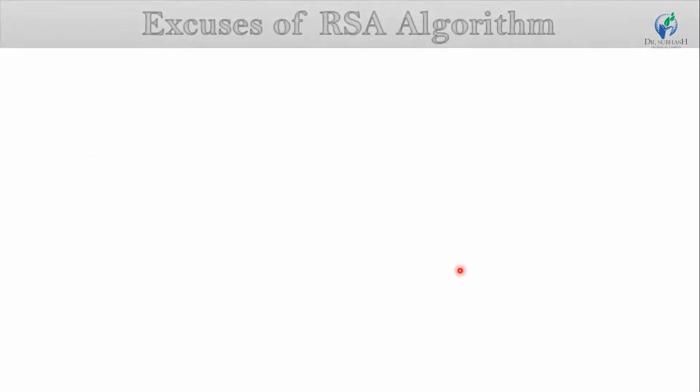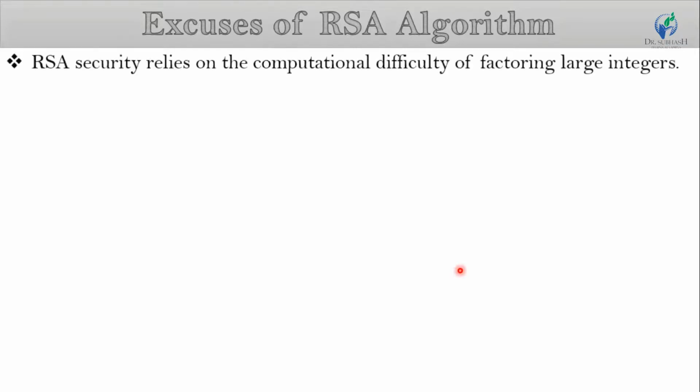Now we see the weaknesses of the RSA algorithm, in which we find out the difficulty for the security of the RSA algorithm. So the first point is RSA security relies on the computational difficulty of factoring large integers.